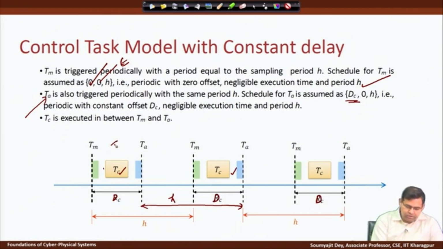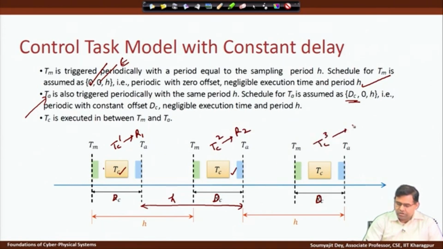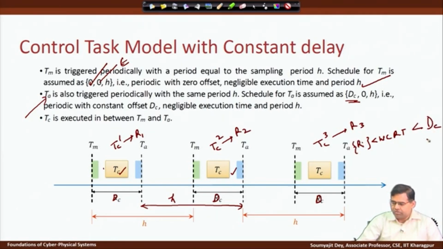Let us say for Tc1 the response time was R1, for Tc2 the response time was R2, for Tc3, the third instance, the response time was found to be R3. So, the worst case response time must be greater than all of these Ris, and it should be less than this value of the deadline of the control task that we are assuming in this design, and that is equal to the offset of this task Ta.